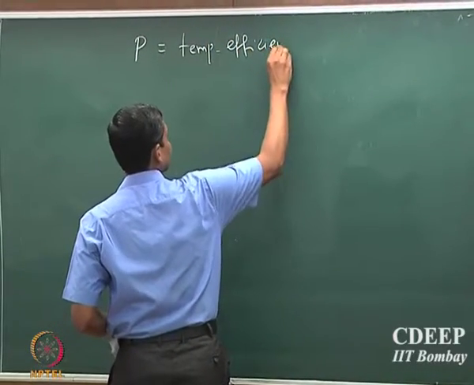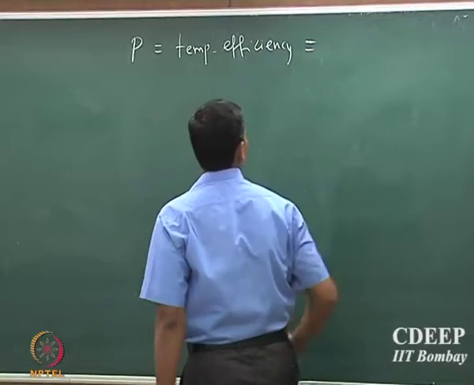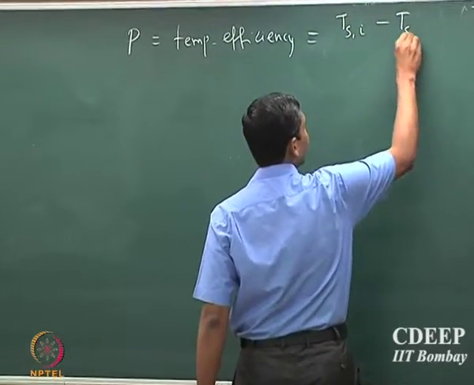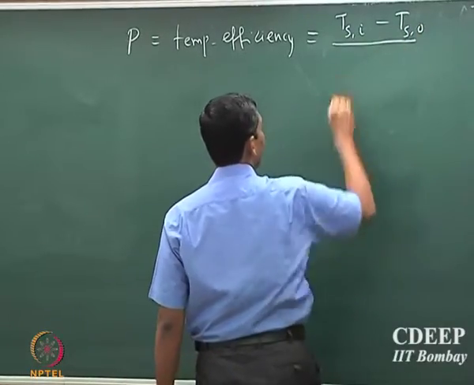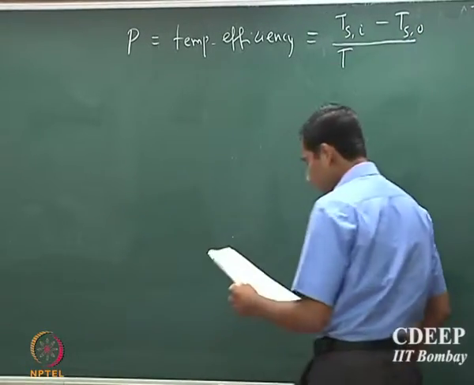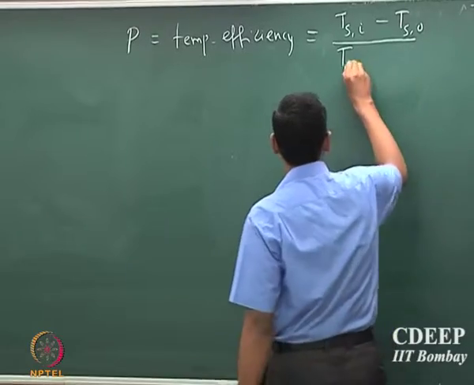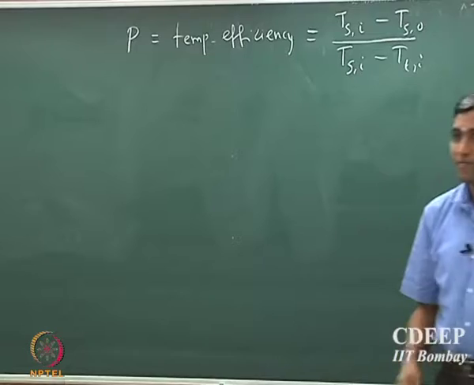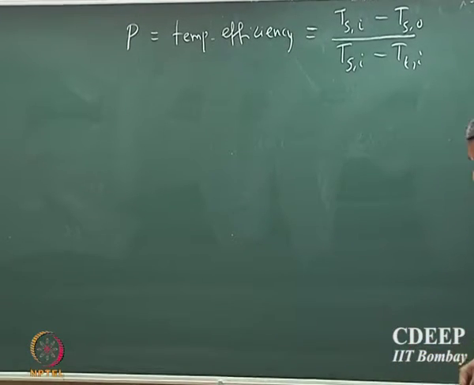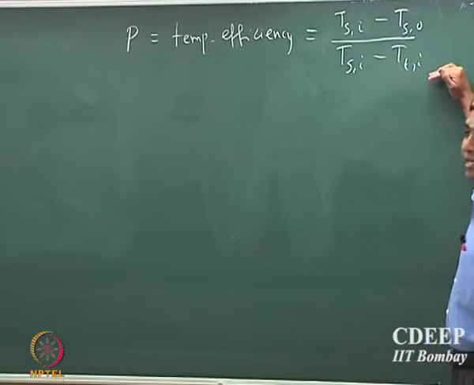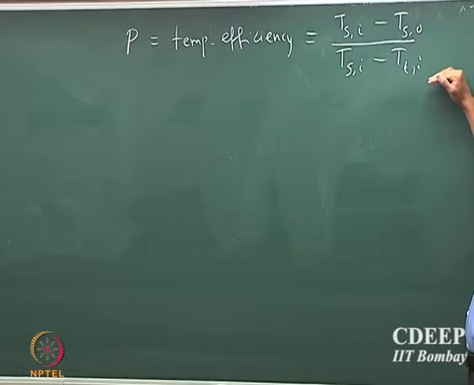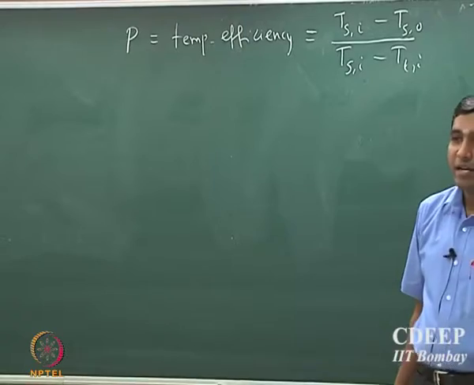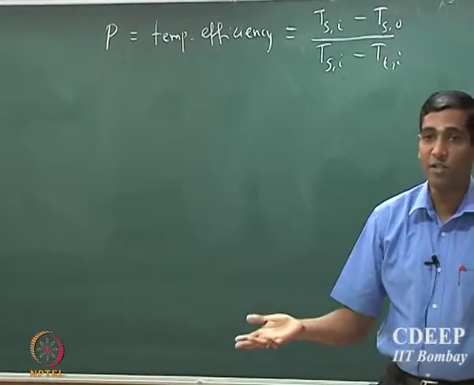defined as the difference in the shell side temperatures divided by the maximum temperature difference. Now, I would not like you to stare at the denominator of this expression. This is the first time you are seeing a difference between the inlet temperatures of two different streams.